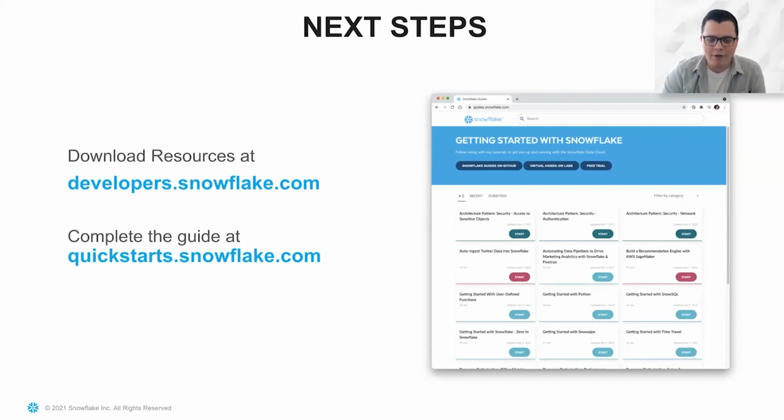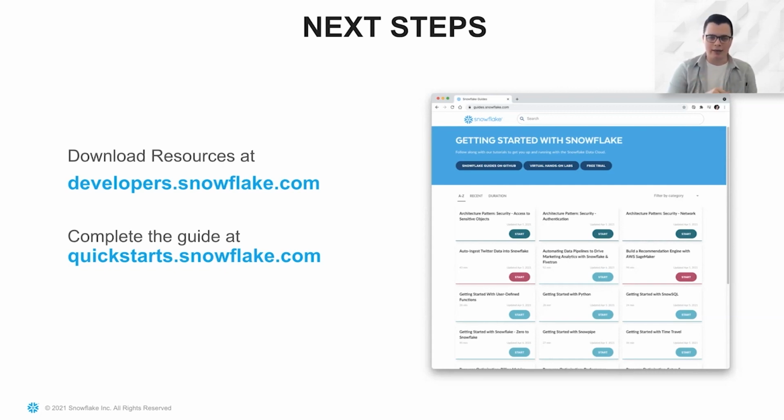And for everybody here watching today, I would say there's several next steps here that you can do. One is check out developers.snowflake.com. From there, you'll actually get direct links to our Postman collection and Postman workspace on the Postman website.